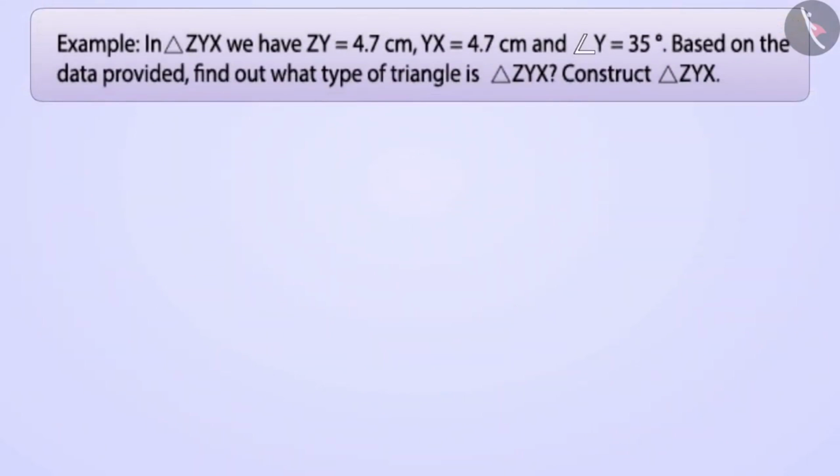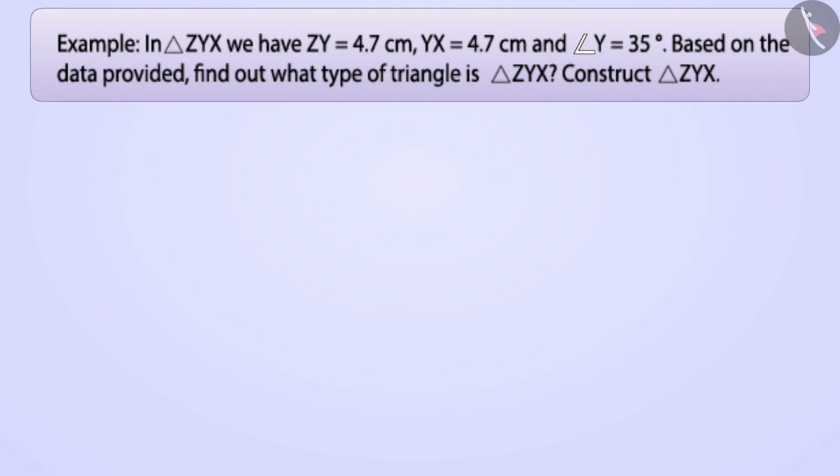In the next example, in triangle ZYX, we have ZY is equal to 4.7 cm, YX is equal to 4.7 cm, and angle Y is equal to 35 degrees. Based on the data provided, find out what type of triangle ZYX is. Construct triangle ZYX.